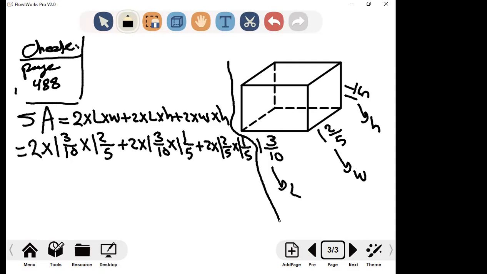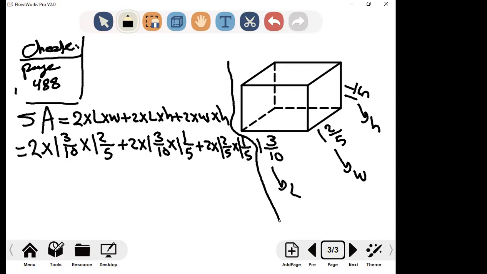2 multiply 1 and 3 over 10, it is 1.3, right? Multiply 1 and 2 over 5, 1.4. Plus 2 multiply 1 and 3 over 10, 1.3, multiply 1 and 1 over 5, 1.2, plus 2 multiply 1 and 2 over 5, 1.4, and 1 and 1 over 5, 1.2.